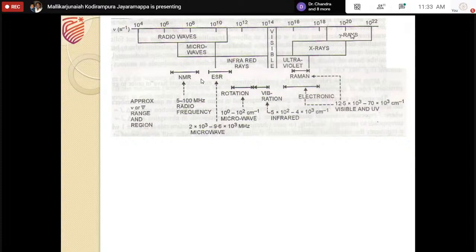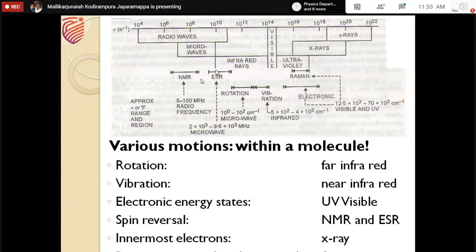Though this entire electromagnetic spectrum itself is the major tool for any characterization or spectroscopic studies, we will narrow down our entire discussion in this presentation to some of the finer aspects.